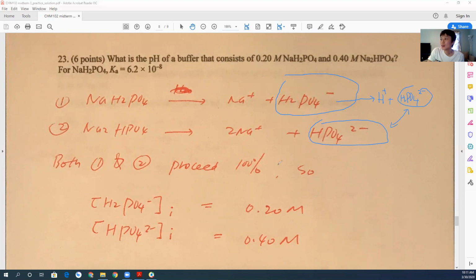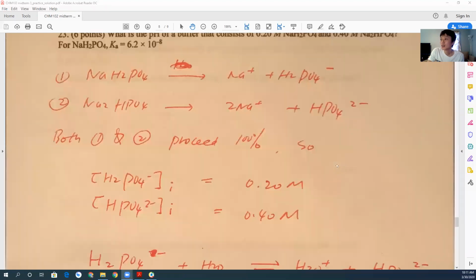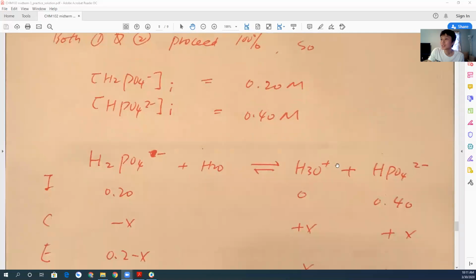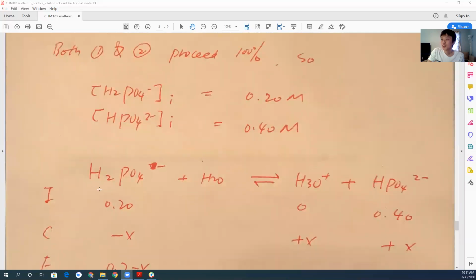Right, so in this system, you have the H2PO4- dissociate and give you HPO4 2-. And based on the problem, we know the initial concentration.